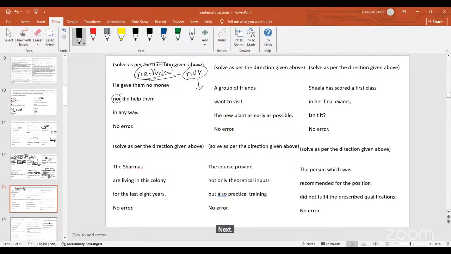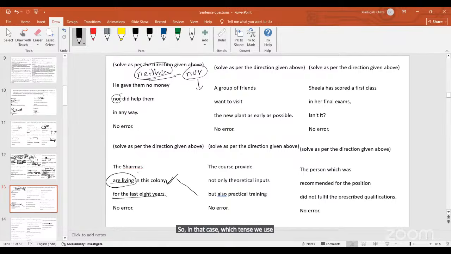Next. The Sharmas are living in this colony for the last 8 years. Option B, sir. Yes. What's the right option there? I mean, the right word, removing is, is living. Sharmas have been. For the last 8 years, they are continuing something, that is living. So in that case, which tense do we use?